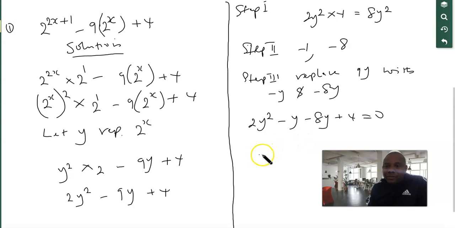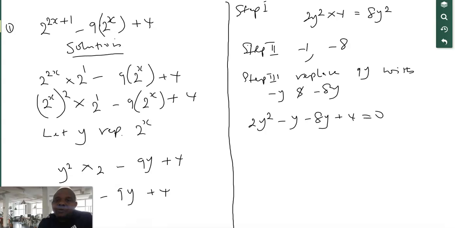So we're going to go ahead and factorize this one now. I will just group the equation.